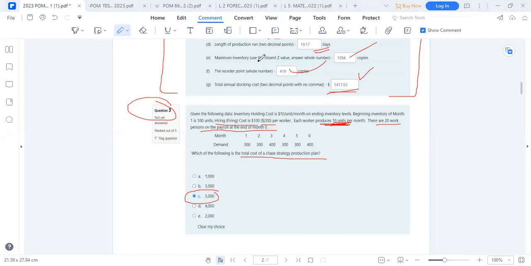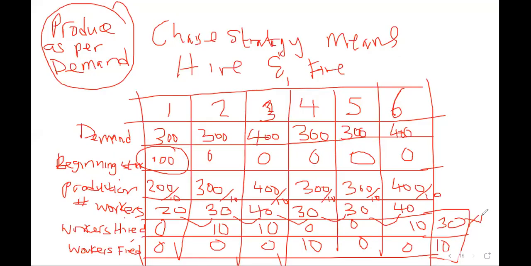So multiply this one by 100, which is 3,000. Then for the layoff, multiply this one by 200. 10 times 200 is 2,000. Then the total of this plan is 5,000. That's what I'm saying, the total of the plan.